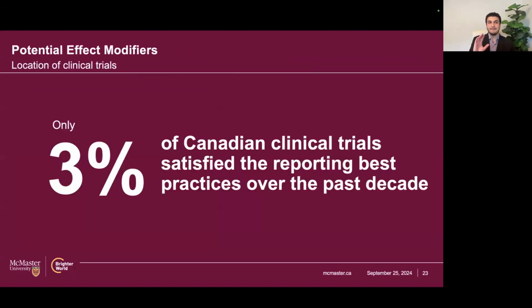Now, to summarize, the most interesting or significant finding for us here in Canada is that only 3% of clinical trials conducted exclusively in Canada satisfied the reporting best practices over the past decade. Ultimately, that number has significant room for improvement. It is interesting to note nonetheless, and it would be excellent to compare any future improvement to this stat that we've identified today.